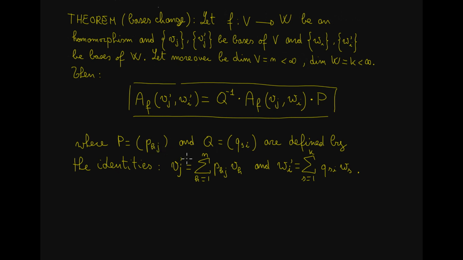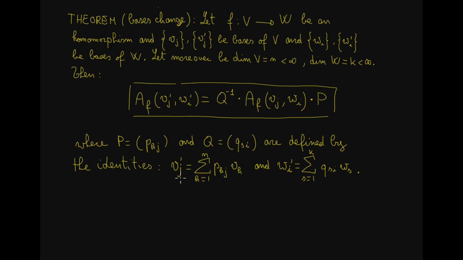P is defined in the following way. The coefficients occur in the linear combinations that express the vectors of the prime basis, let's call it the vectors of the new basis, in function of the vectors of the old basis of the domain.